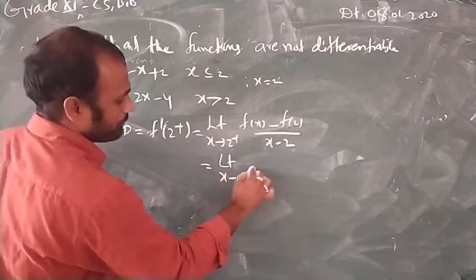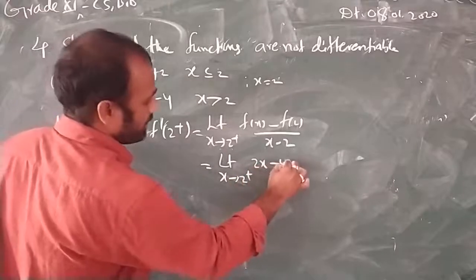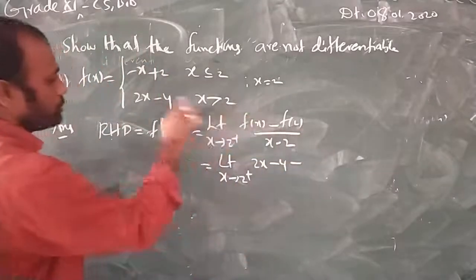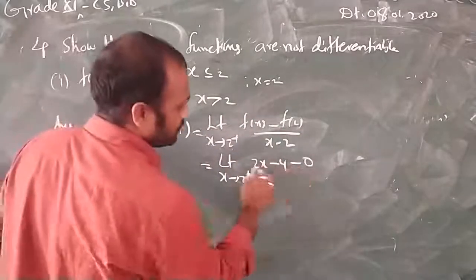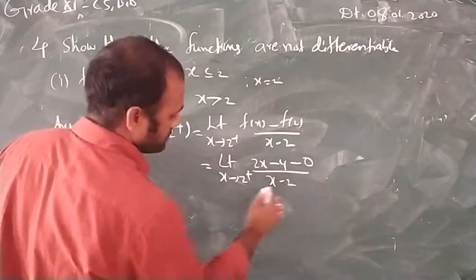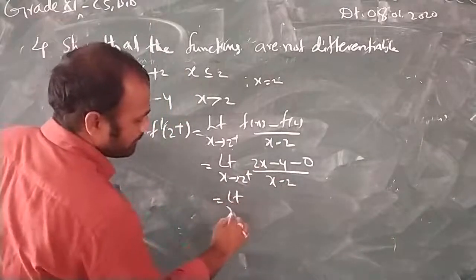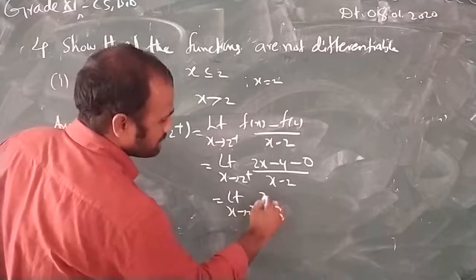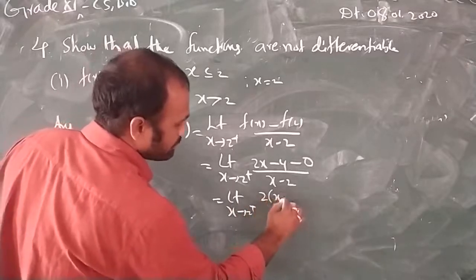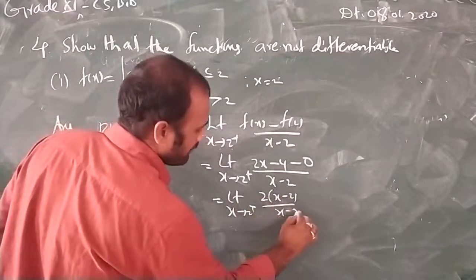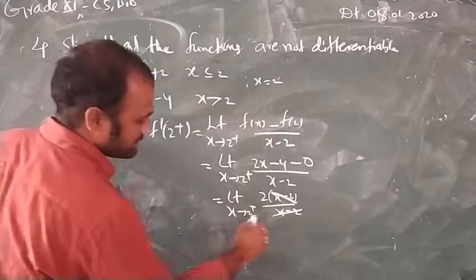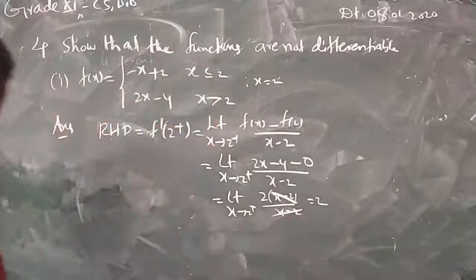So 2x minus 4 minus 0, if I substitute 2, divided by x minus 2. I can take 2 common, so 2 into x minus 2 divided by x minus 2. The x minus 2 gets cancelled, so the answer I got is 2.